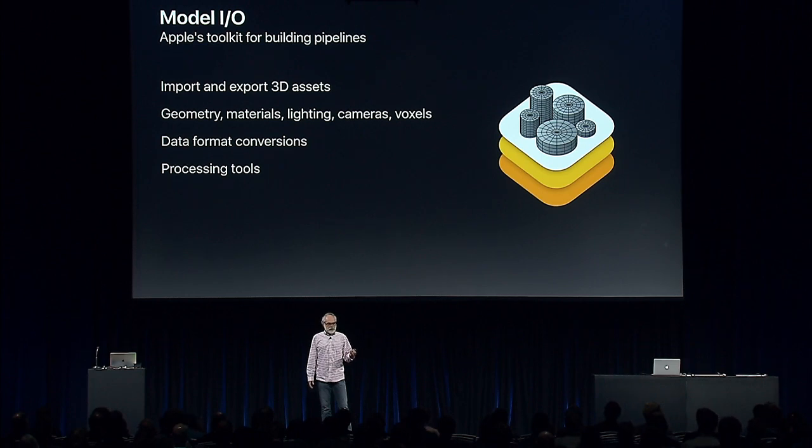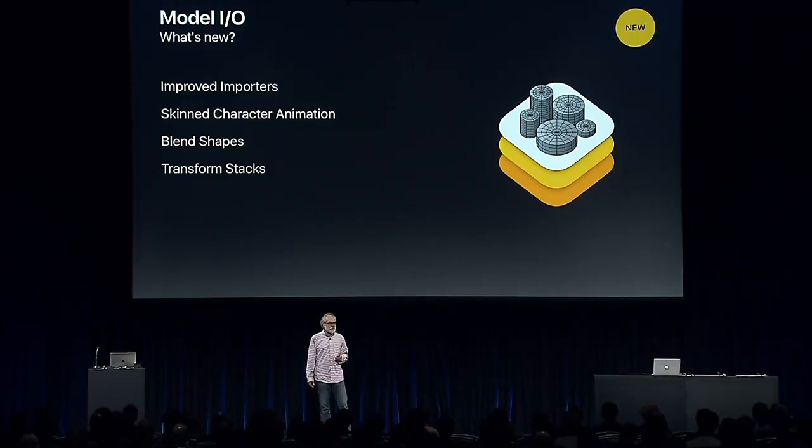It represents geometry, materials, lighting, cameras, and voxels, as well as all kinds of other things. It does data format conversions, so you can get your assets coming in whatever format they're originally authored in, and you can conform them to particular strides and layouts that you might need for Metal. And there's a variety of processing tools, and we'll review them briefly at the end of the talk.